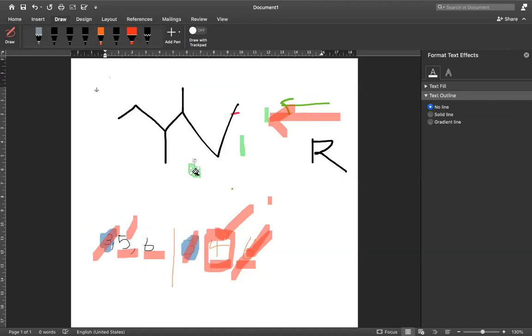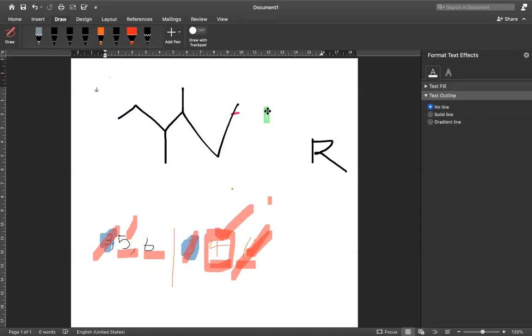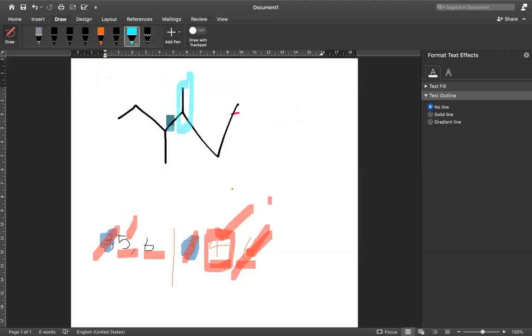Let me make a bit of space. What I'm trying to say is this molecule here has got identical substituents. Let me put 3 identical substituents to emphasize that point.